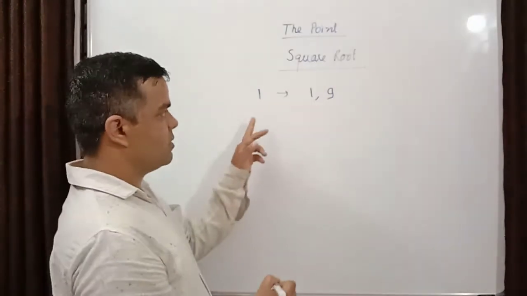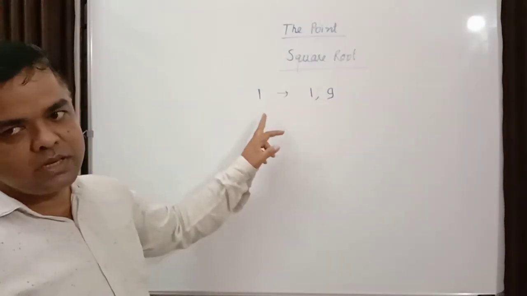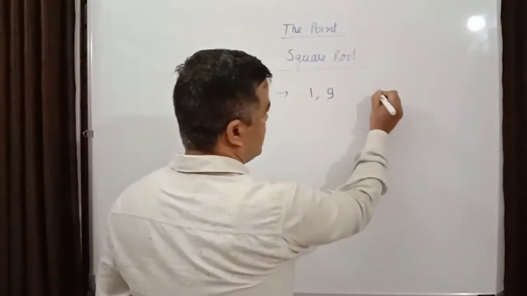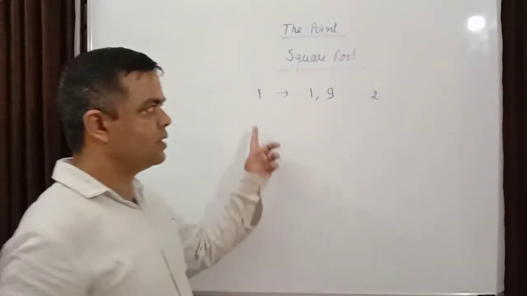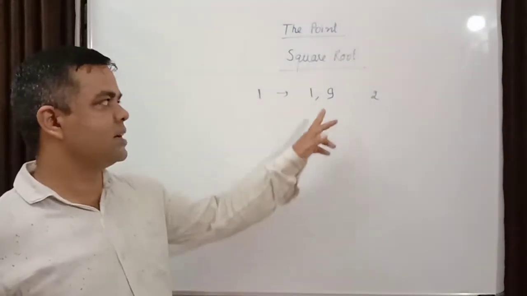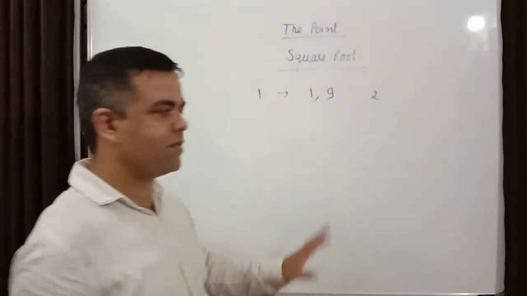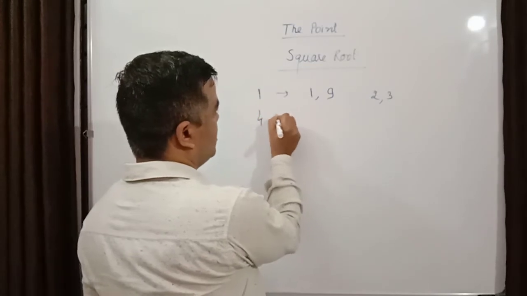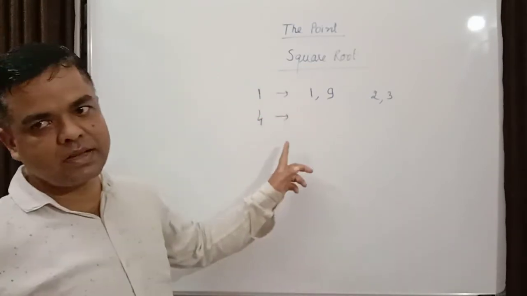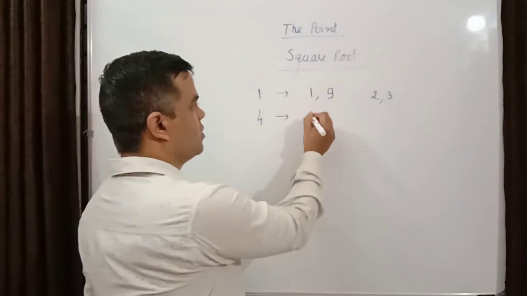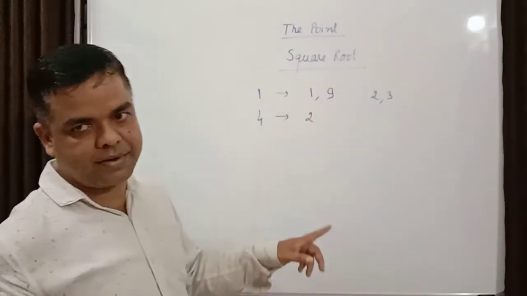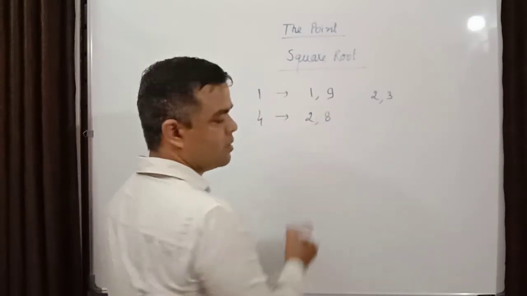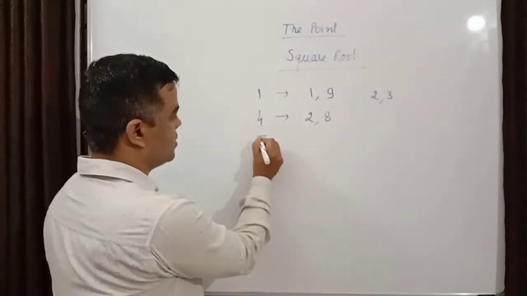If the number 2 is here, 2 is not coming in any square at the unit digit, so keep 2 aside. 3 also is not coming at the unit digit of any square, 3 aside. 4 will come either in the square of 2 or 8. 8 square is 64, so it will come in 8.